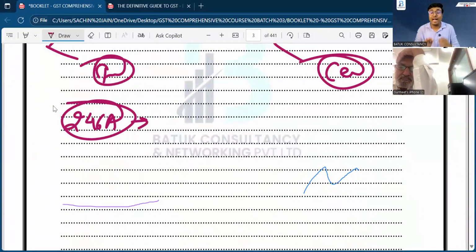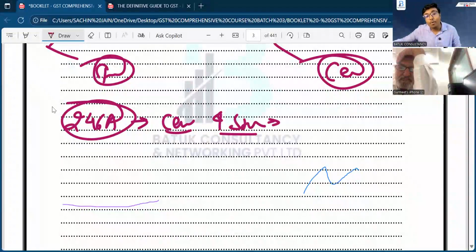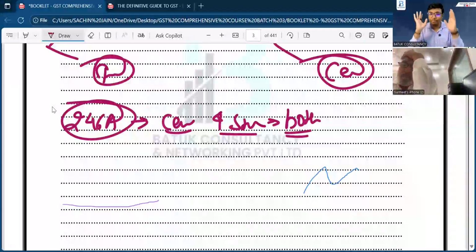In this article they have clearly mentioned that in case of GST, central government and state government both have concurrent power to implement GST, to make the provisions related to GST, to change the things, to amend the things.